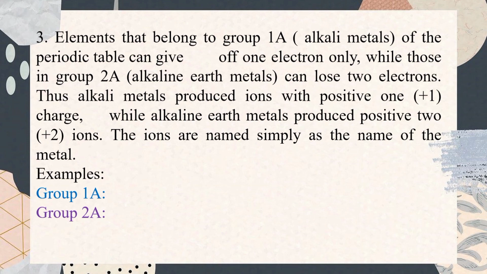Elements that belong to group 1A or the alkaline metals of the periodic table can give off 1 electron only, while those in group 2A or the alkaline earth metals can lose 2 electrons. Thus, alkaline metals produce ions with positive 1 charge, while alkaline earth metals produce positive 2 ions. The ions are named simply as the name of the metal.